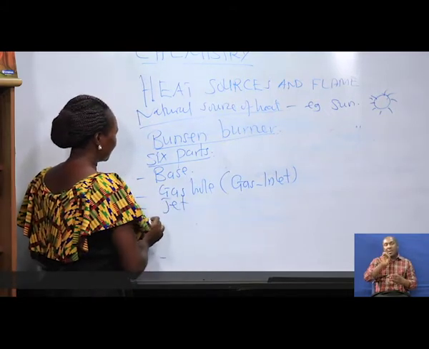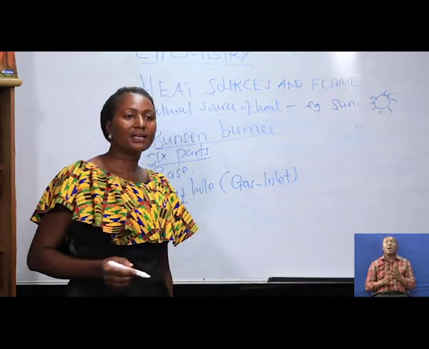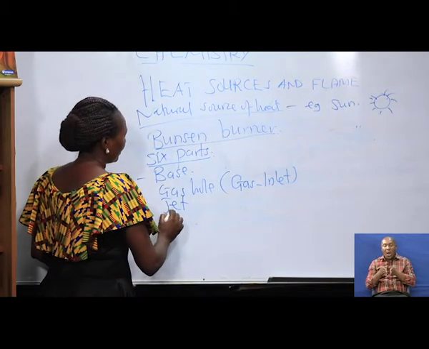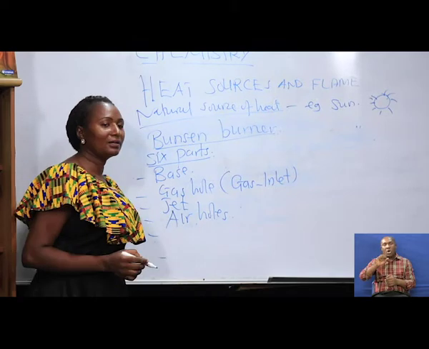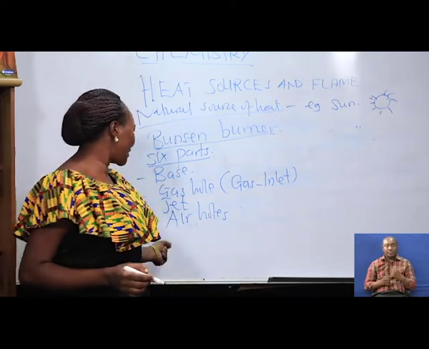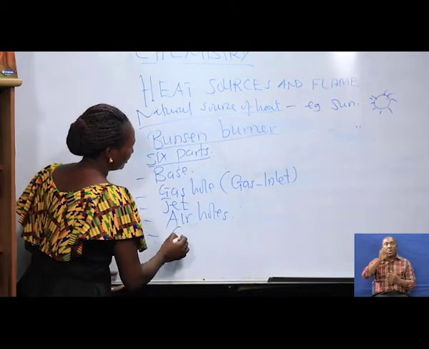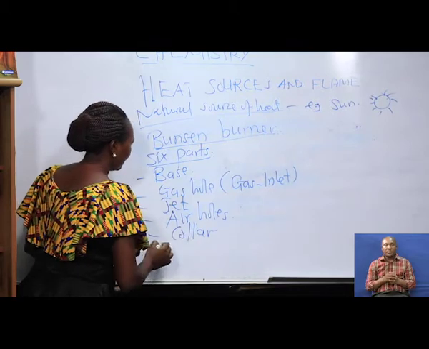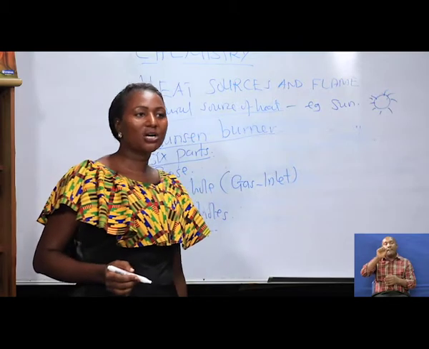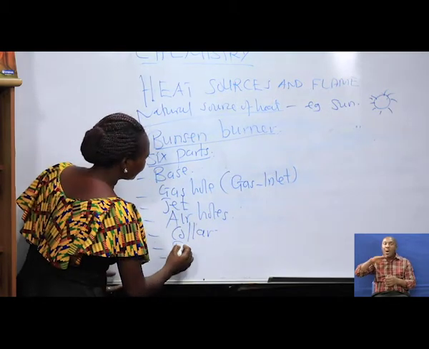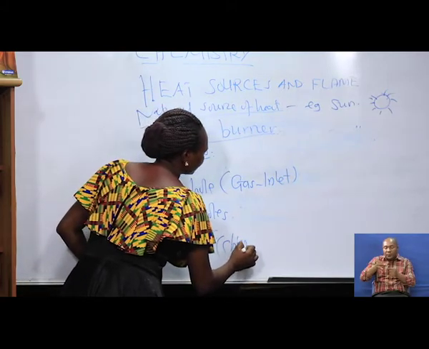Another part is the air holes. Okay. Another part of the Bunsen burner, apart from the air holes, is the collar. And the sixth part is known as the barrel or chimney.